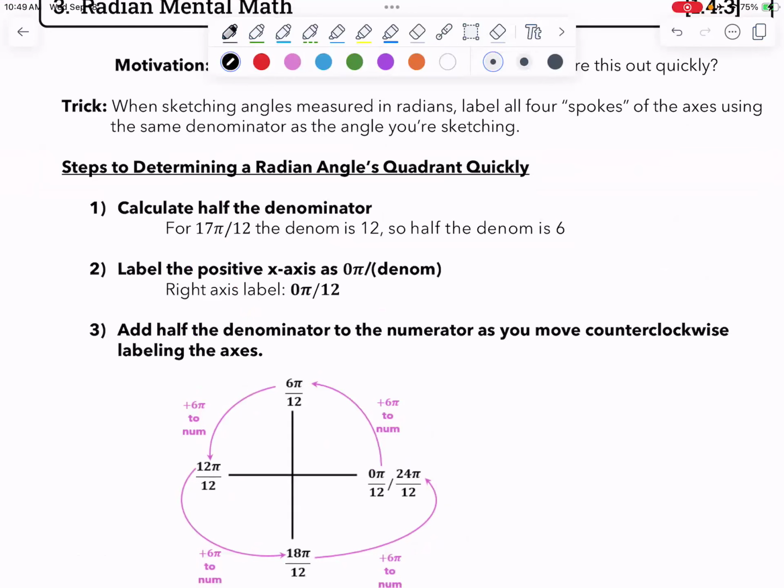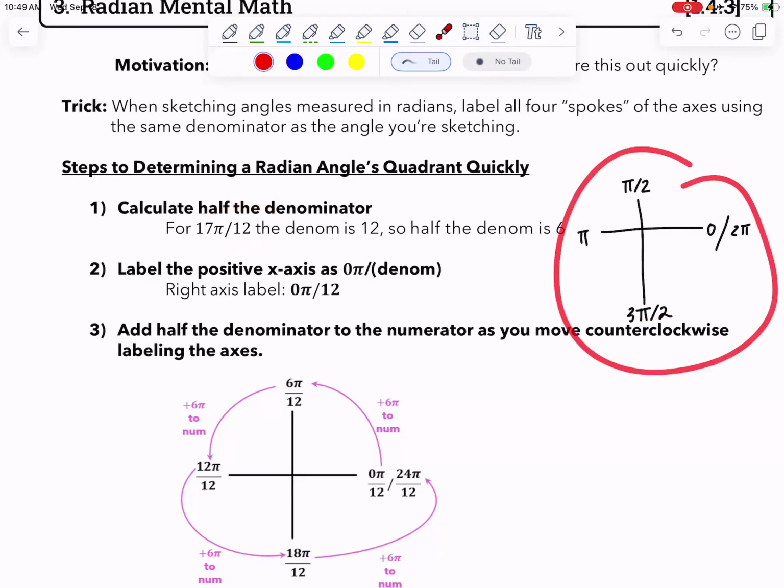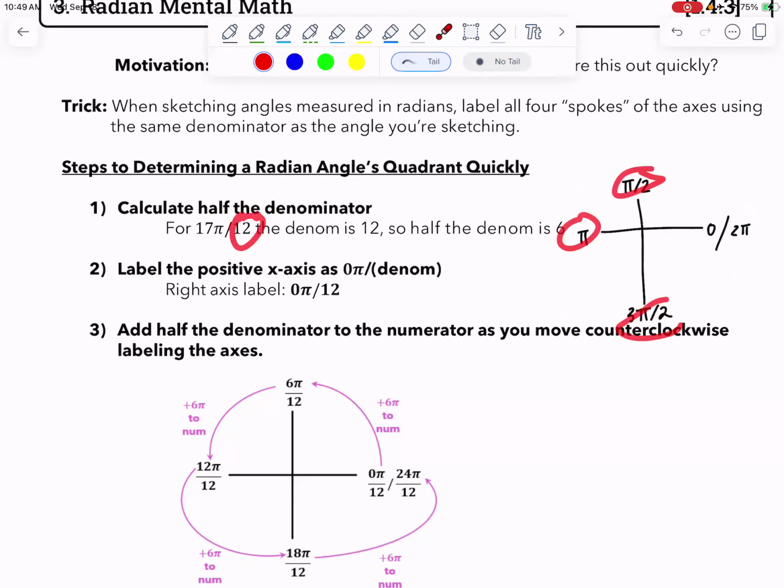Typically, this is 0 for radians, this is pi over 2, pi, 3 pi over 2, and this is also 2 pi, 0 or 2 pi. That's how we typically label it, but that's not very useful for 17 pi over 12. So we just rewrite these fractions so that they have a denominator of 12, and then we're good to go.